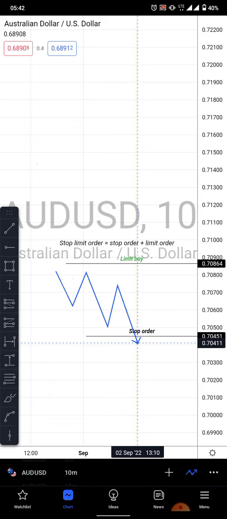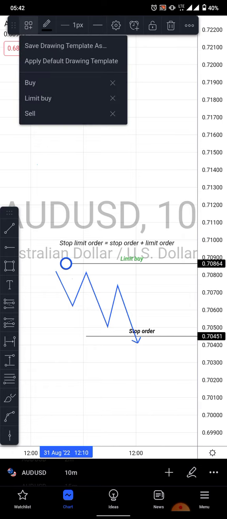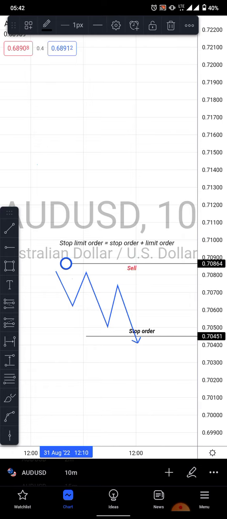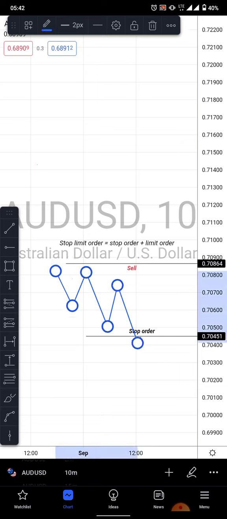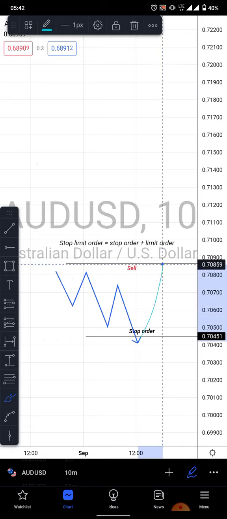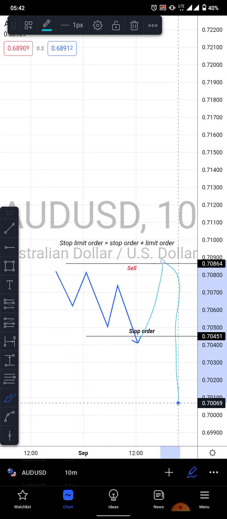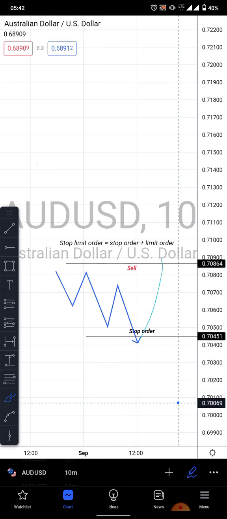Immediately it hits your stop order, this order here becomes a limit sell order for you to sell. Then after hitting your stop order and placing a limit sell for you, price from there goes back here and tags you in, and continues the downward movement. So that's the usefulness. That's what a stop limit order is used for.